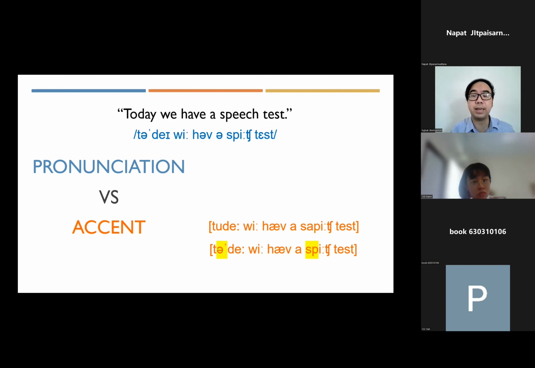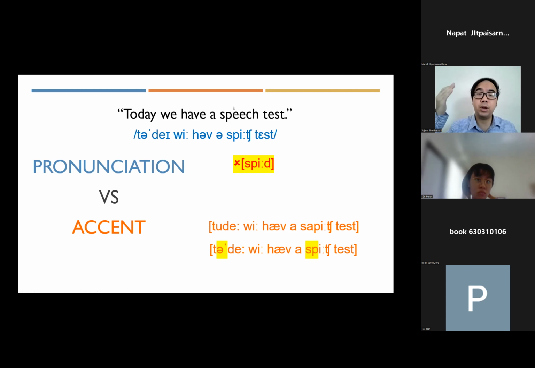The final sound in speech could be dropped. This is the accent. But in terms of pronunciation, you have to keep the distinction between speech and speed. If you pronounce the word speech as speed, it is wrong pronunciation, because speech and speed are different words in English.